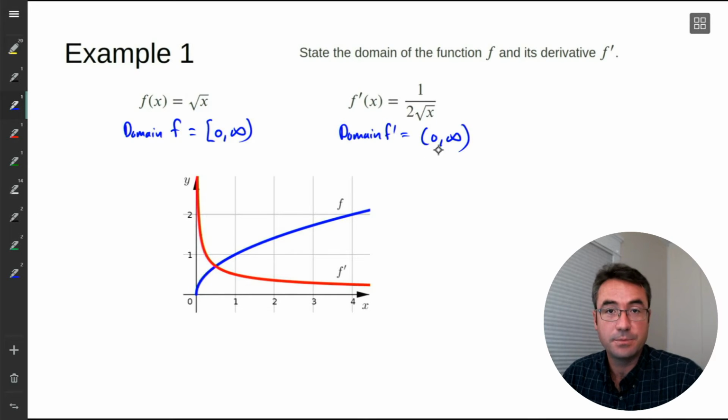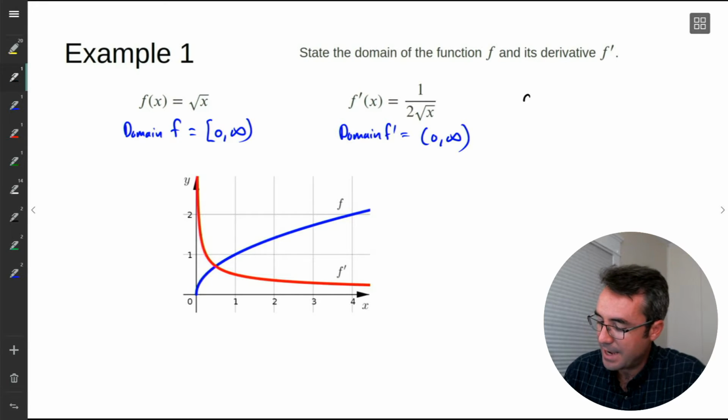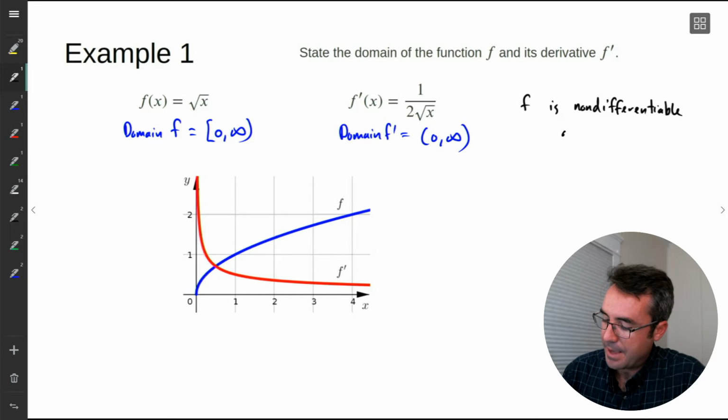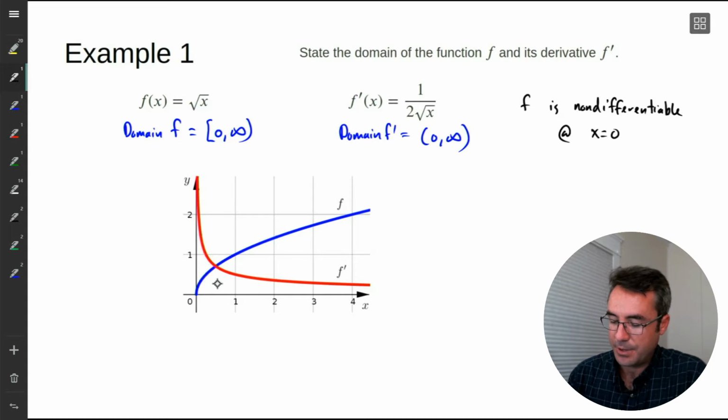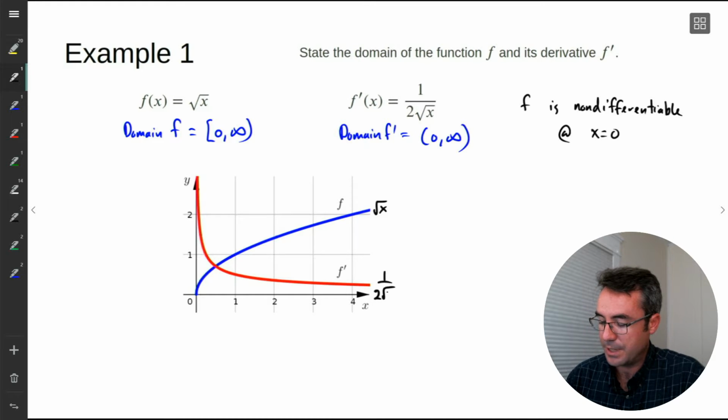It's the open interval from 0 to infinity, and we use a parenthesis here to indicate that we're excluding 0. So here's the domain of f prime. We see something's happening at x equals 0, and we say f is non-differentiable at x equals 0. Now, why is that? Well, we get division by 0, but if we look at the graph, here we have the graph of just our square root function, and here we have the graph of the derivative, 1 over 2 times the square root of x.